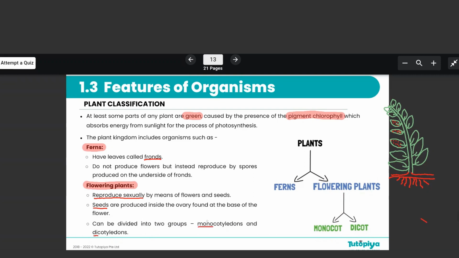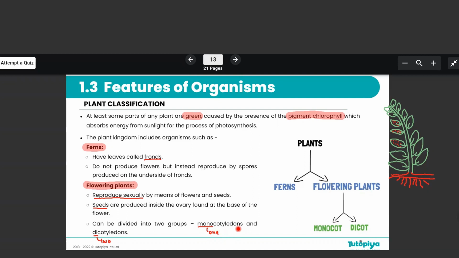Now, the moment you hear these two terms, monocotyledons and dicotyledons, you must understand that the term mono usually refers to one, having one of something, and the term di usually refers to two, having two of something. So these two groups of flowering plants are classified as such because monocotyledons are the flowering plants that have only one cotyledon within their seeds.